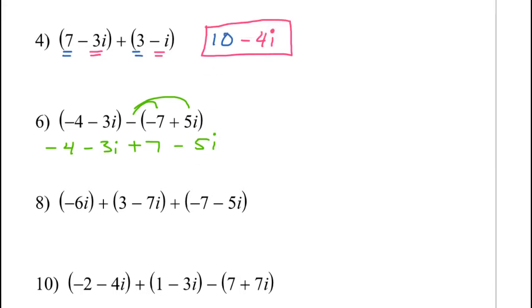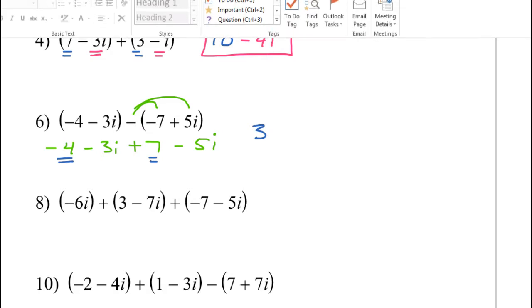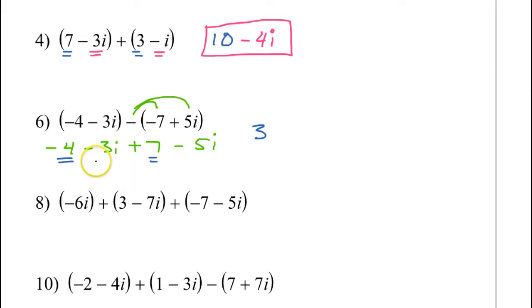Now I can combine my like terms. So my real parts are negative 4 and 7. Together that makes positive 3. My imaginary parts are negative 3i and negative 5i. Together they make negative 8i. So that will be the answer to number 6.